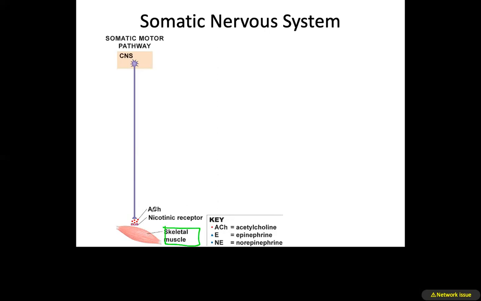So this neurotransmitter ACH, when it gets released, interacts or binds to specific receptors on the surface of the skeletal muscle, which are categorized as nicotinic receptors. So ACH binding with nicotinic receptors leads to the process we identify as muscle contraction.